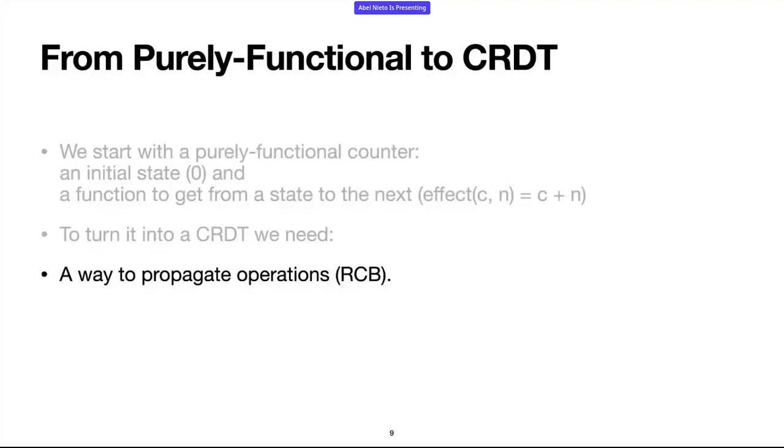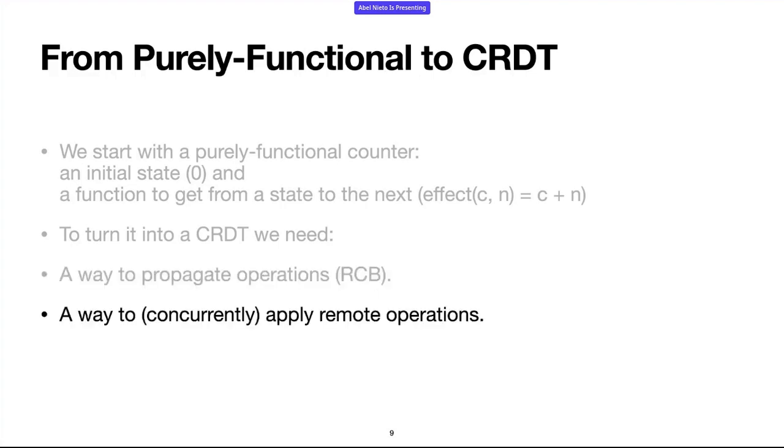To turn that into a CRDT, we need a way to propagate all these operations, all of these increments, and to do so while respecting causality and while making sure that messages can't get dropped and reordered. This is why we have implemented this causal broadcast protocol. We need a way to concurrently apply remote operations.